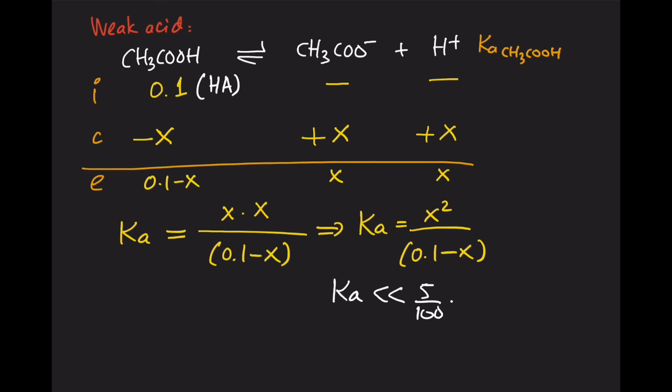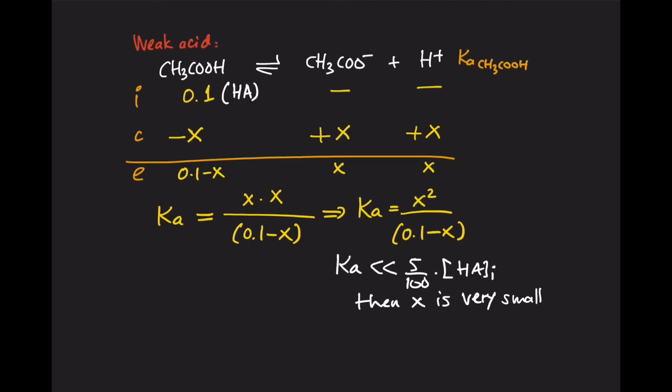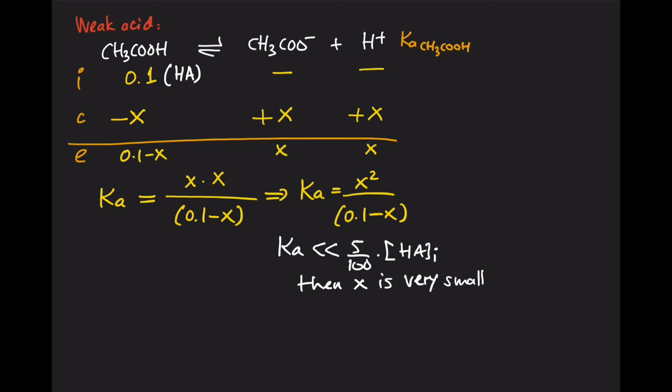As long as the Ka is smaller than 5% of the initial concentration of the acid, HA initial, you can assume that X is very small. Then X is very small. Therefore, it is negligible to the actual concentration of the acid.